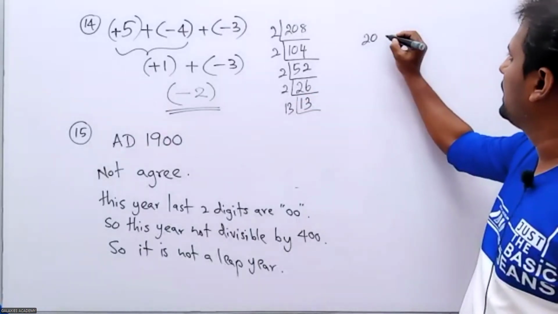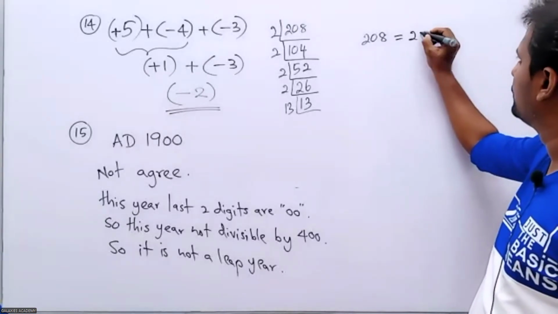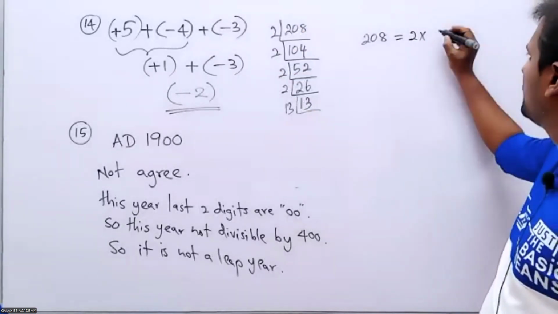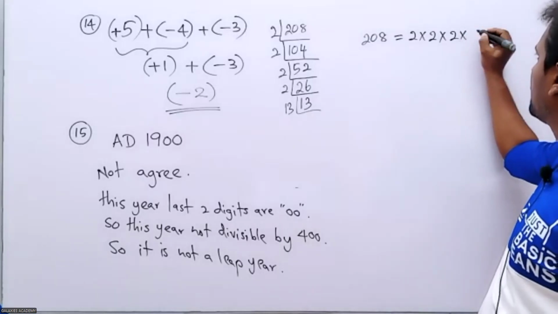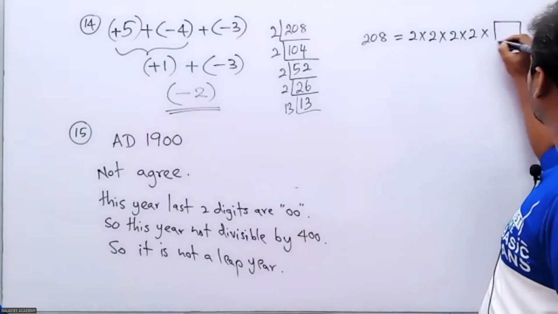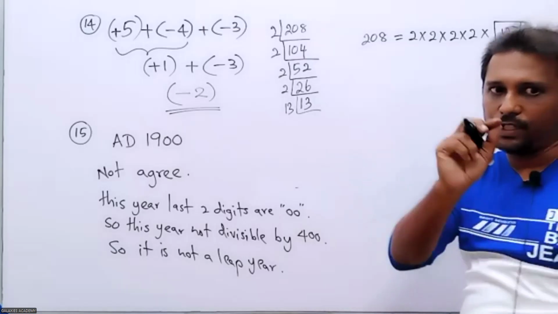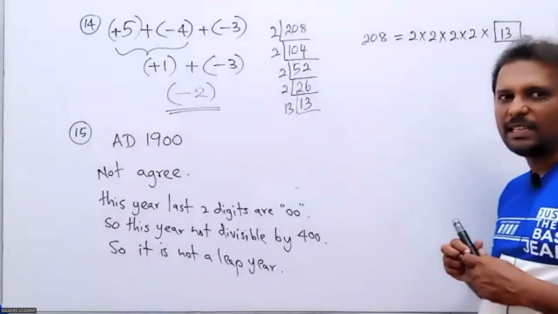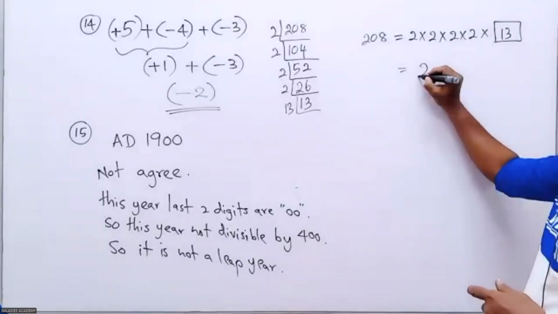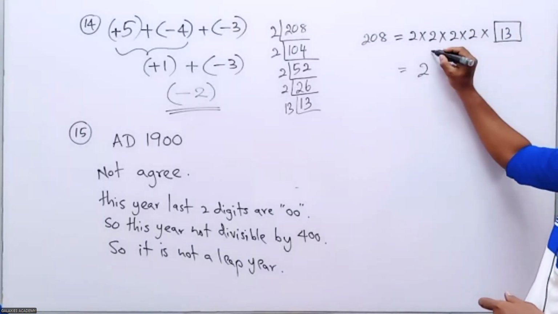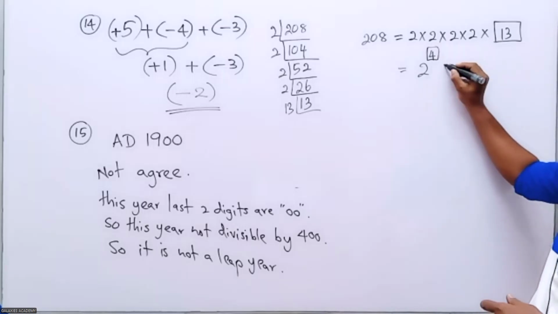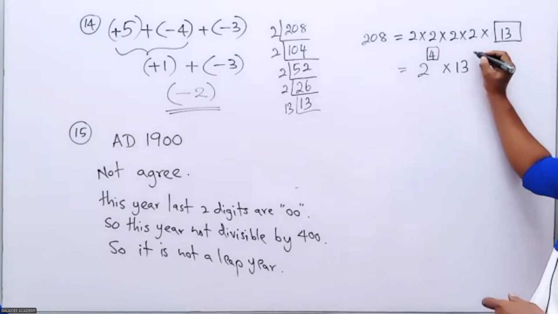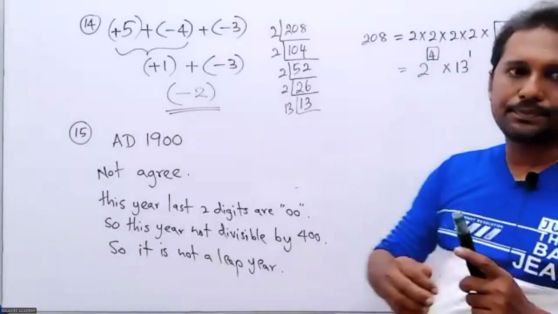So 208, how can you write? 2 multiply product of these prime numbers. 2 multiply 2 multiply 2 multiply 13. The first blank is suitable for 13. Then you have to write it in power index form. 2 to the power 4 multiply 13 to the power 1.